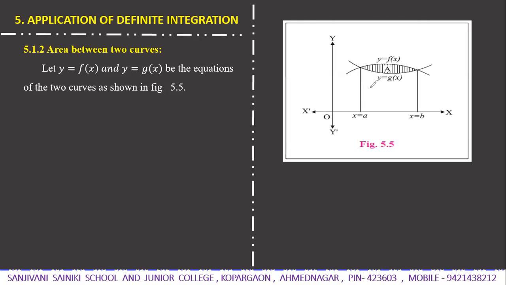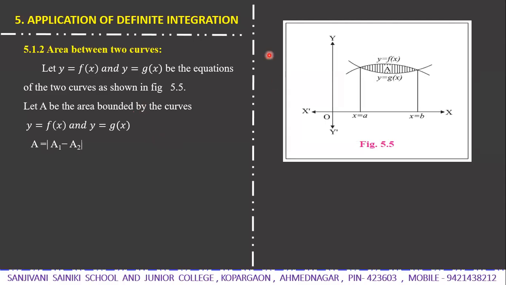Now we have learned that after taking this y, these are our limits, x is equal to a to x is equal to b. So we have to integrate between these two. And as this area is bounded by this x-axis, if you take this y, you will get all the area which lies below this.